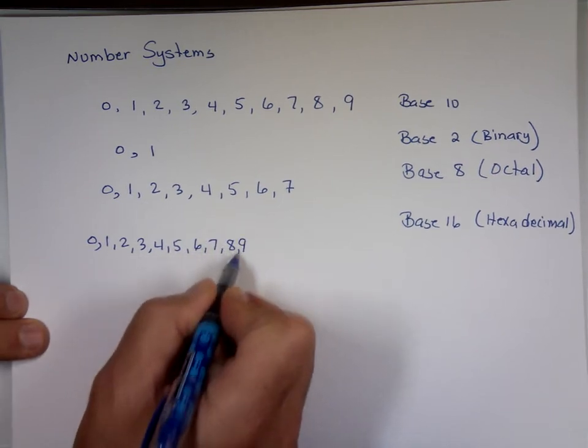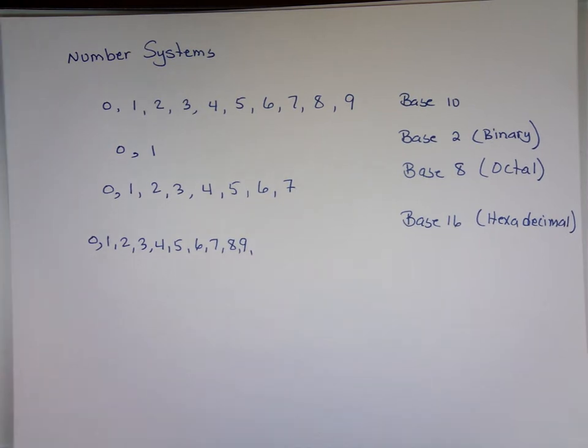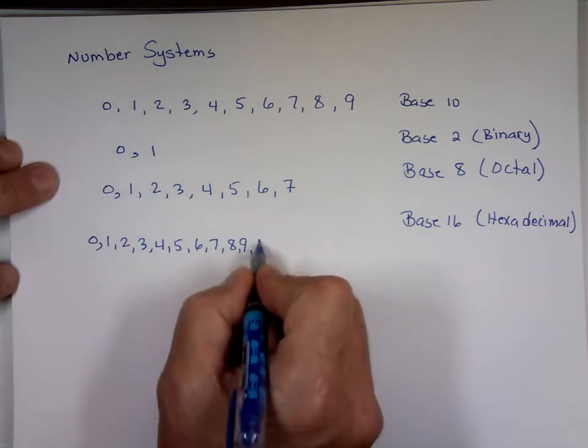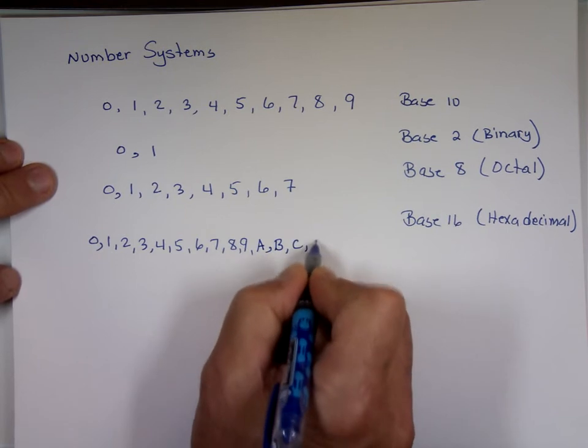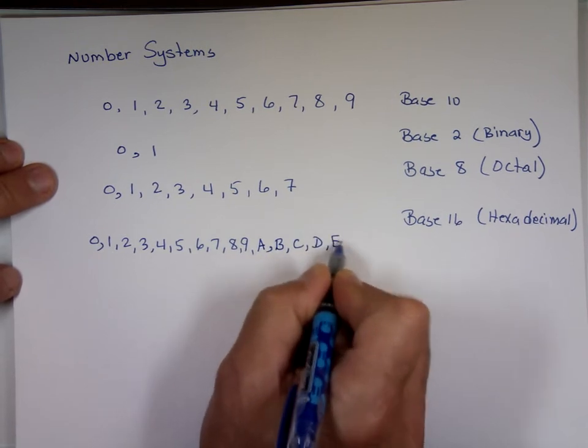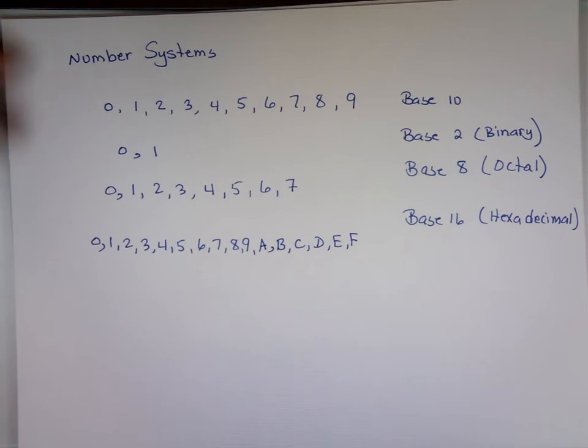You can only use a single digit. So how do you write a single digit when you get to 10? Well, we use A as 10, B as 11, C, D, E, and F. F is 15. So A is 10, B is 11, C is 12, D is 13, E is 14, F is 15.